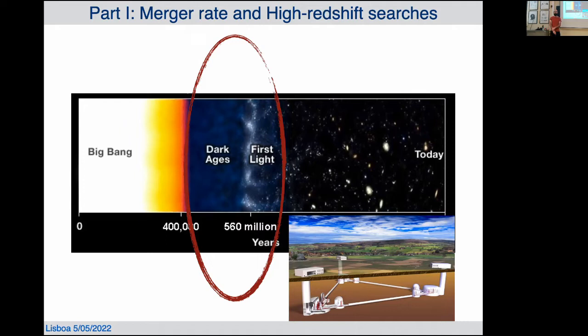The universe consisted only of neutral hydrogen, and helium in small quantities. In this epoch you don't expect to have any astrophysical mergers. So if you were to detect with, for example, Einstein Telescope, merger events at redshifts compatible with this epoch, that could really be a smoking gun.